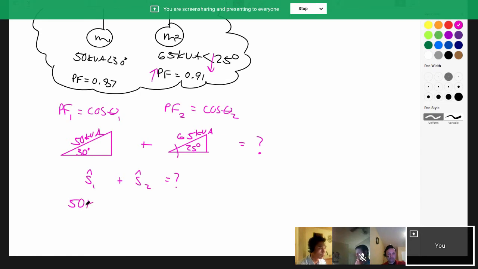That's 50 kVA at an angle of 30 plus 65 kVA at an angle of 25.